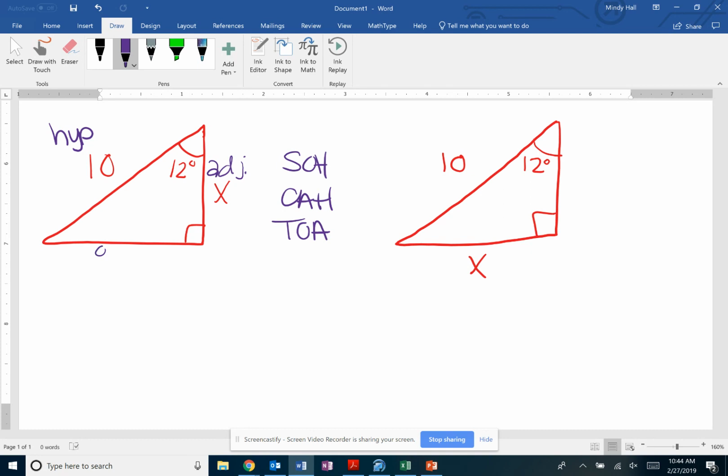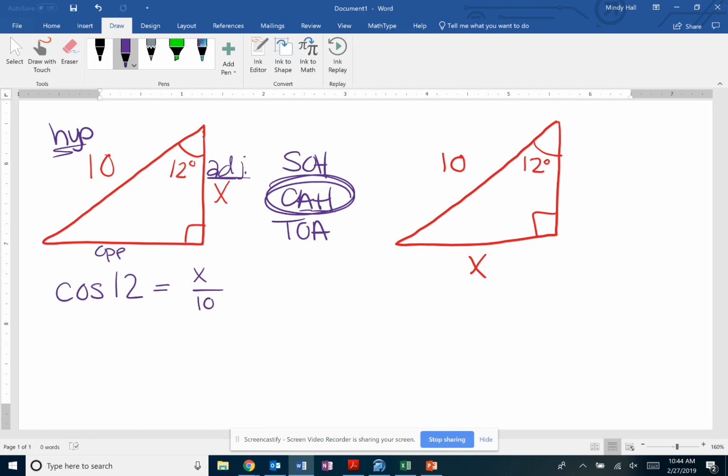And then our opposite side would be the side that is not made up of the angle. So I have an adjacent and a hypotenuse, which gives me cosine, A and H. So we have cosine of 12 degrees is our adjacent over our hypotenuse, and you multiply by 10 and then solve.